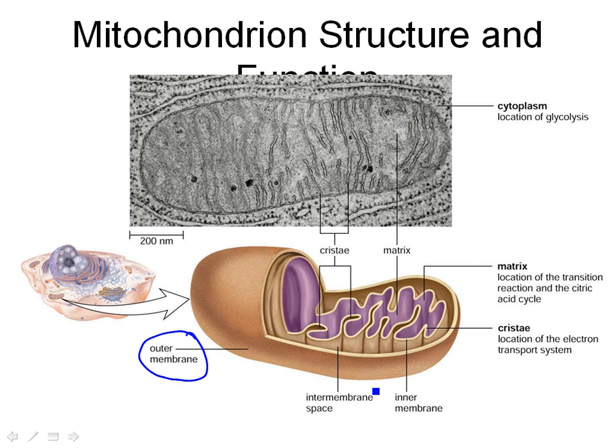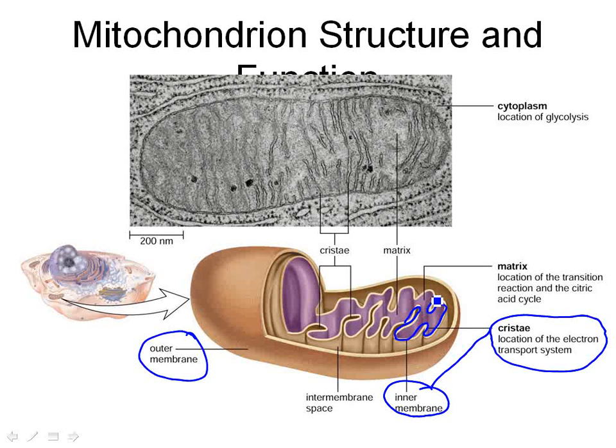And then if we go to the inner membrane, the inner membrane is also called the cristae. So you'll see this as well. And that's that convoluted membrane. Note that it's not as smooth as the other membrane. It's a convoluted membrane. We know that this is also the location of the electron transport system.